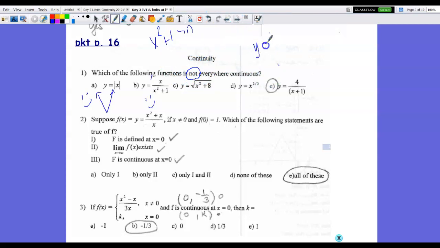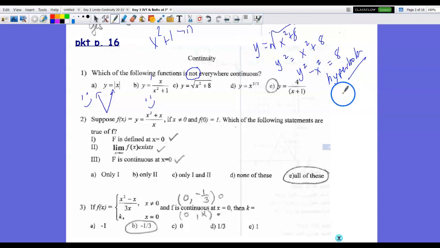So if we get y equal to the square root of x squared plus 8, I'm going to square both sides to get rid of the radical, and I get y squared equal to x squared plus 8. Then I'm going to move the x squared to the left-hand side and get y squared minus x squared equal to 8. You may or may not remember that this would have to be a hyperbola.